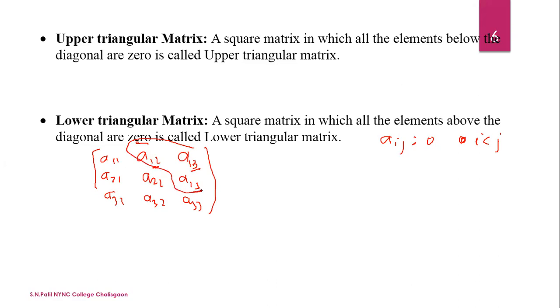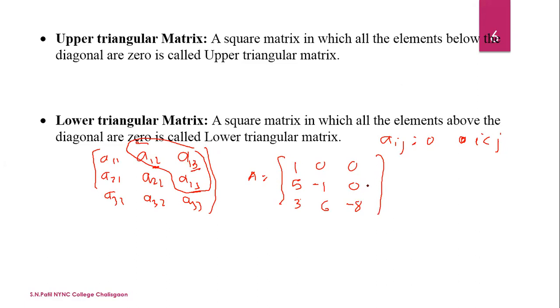Okay, see here, i is less than j, i is less than j, i is less than j means these three elements become 0. For example, A is equal to 1 0 0, 5 minus 1 0, 3 6 minus 8. What is the definition? The elements above the diagonal are 0. That is the lower triangular matrix.